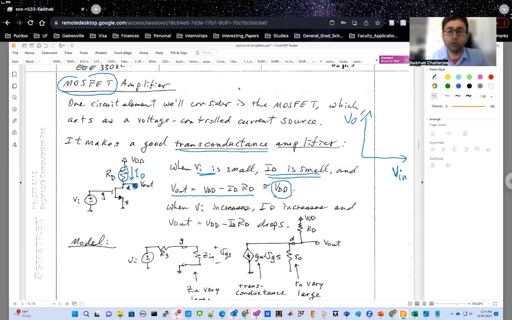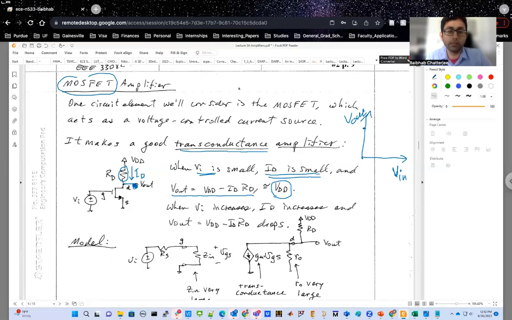If your input is small, your output will be large. And keep in mind, right now we are just talking about the overall voltage. We are not talking about the AC voltage or the DC voltage here. So what I mean by the input being small is that even the DC point of the input is near 0. In that case, your output voltage is near VDD.